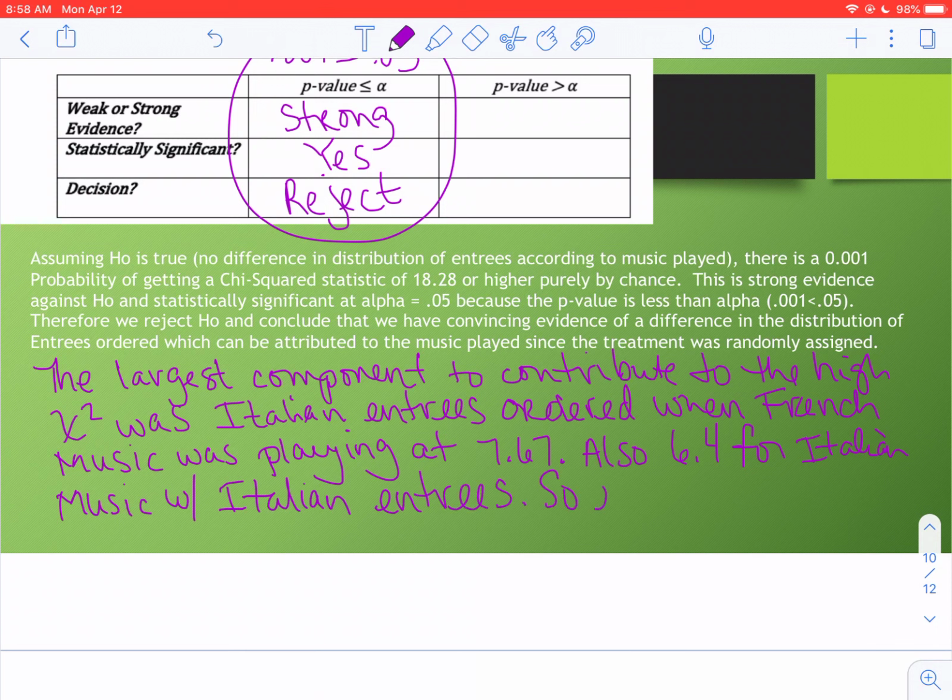So evidence would suggest that Italian music has more influence on entree orders at this restaurant than other types of music.